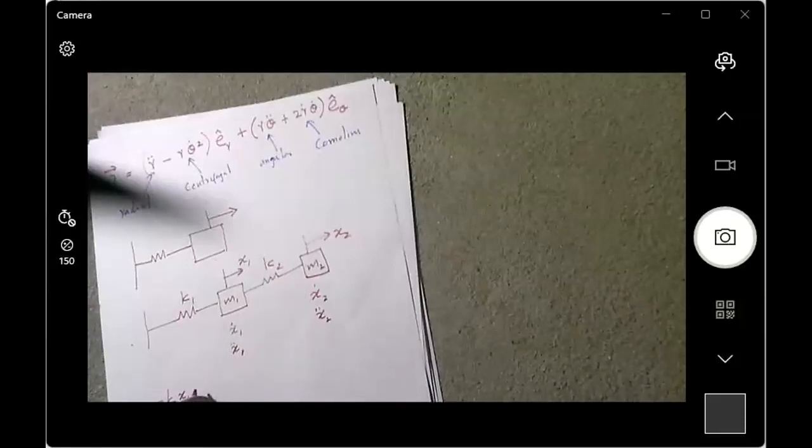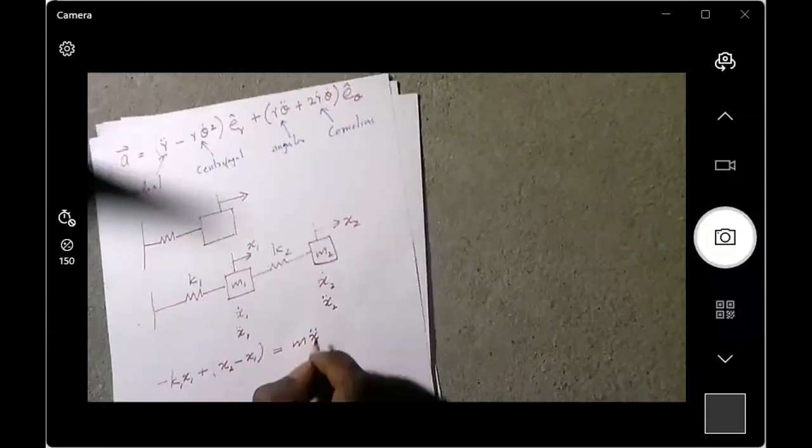How much is that? K2, let's suppose it is in the positive direction. This can be changed, but that doesn't matter. It will be exactly X2 minus X1, right? The difference between these two motions. That's the amount the K2 spring is going to extend or shrink.